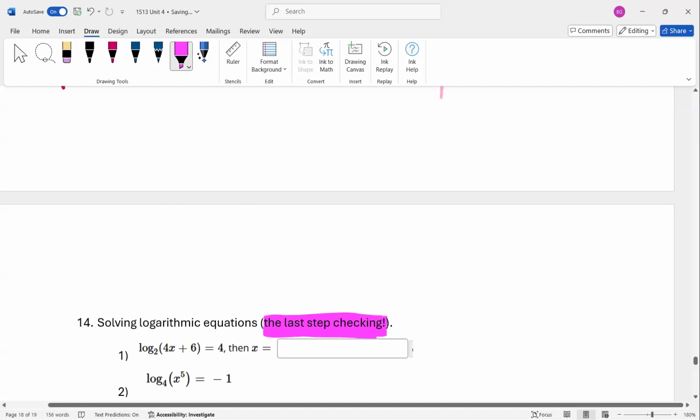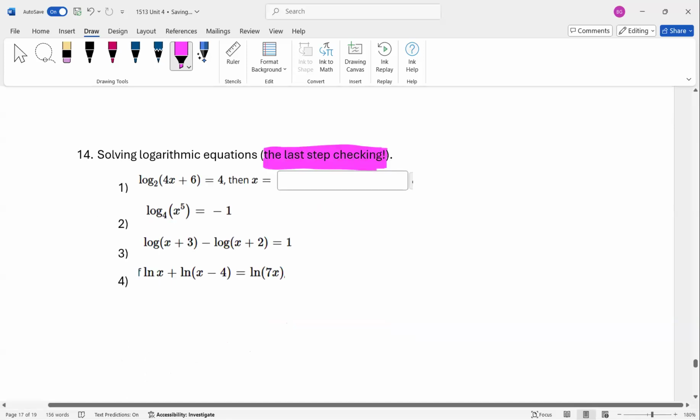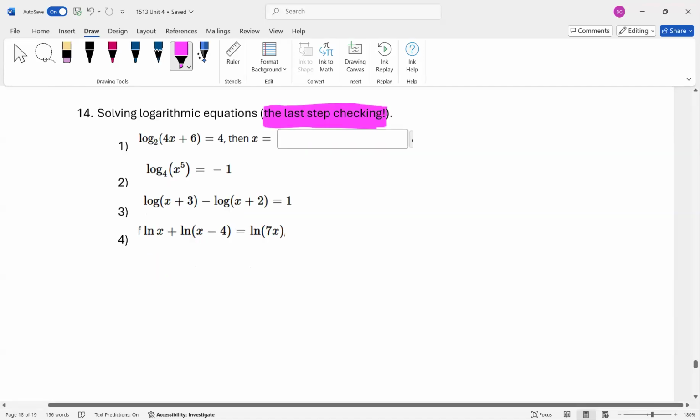You don't have to do that for exponential equations, but if you like, you're welcome; it's not required. For solving logarithmic equations, the main difference is we have to check the proposed solutions. I'll explain the reason in a moment. We have 4 questions here. Number 1.